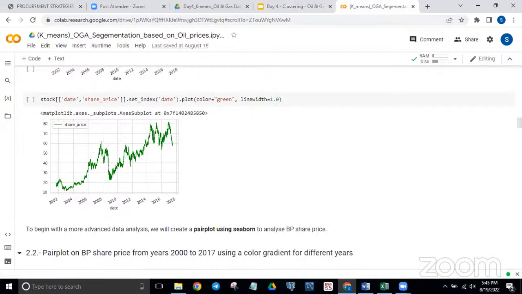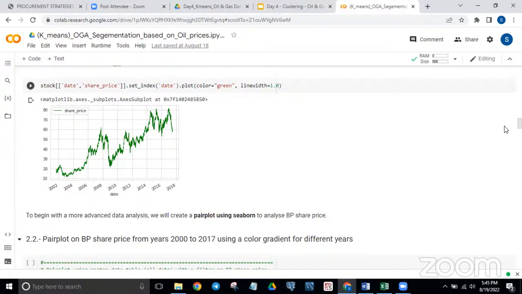In the same way, I have taken the line plot where we can see the share prices. We can see the increase of share prices, and I can see the high share price around 2017, where the share price went up to 80.